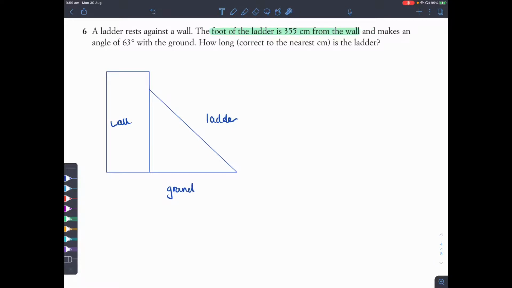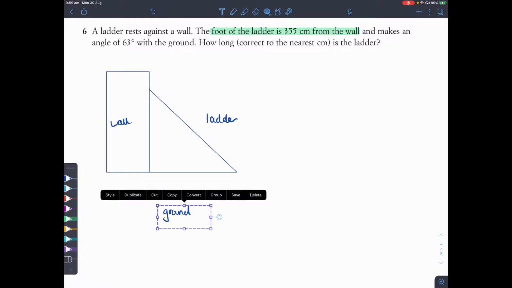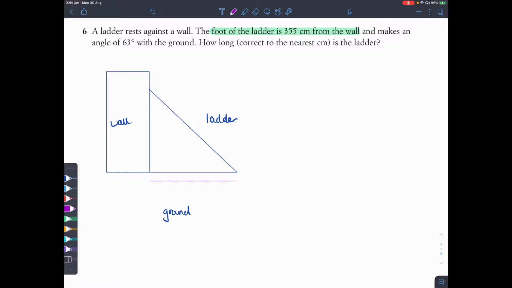So there's the wall, there's the bottom of the wall, and there's the foot of the ladder. So if this is the ladder and that's the wall, then this distance here is 355 centimeters.